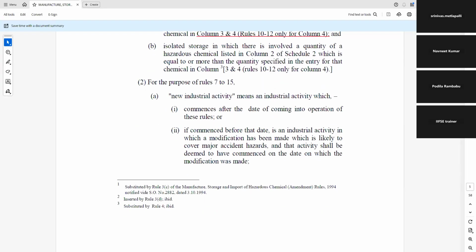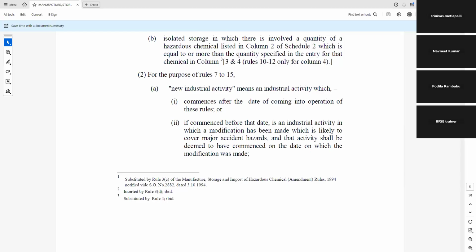Okay. Now we'll see what is the purpose of rules 7 to 15. Basically, a new industrial activity means an industrial activity which commences after the date of coming into operation of these rules. When I talk about new, these rules came into force in 1989. So whatever industries came into the picture after that will be obliged to follow these rules.